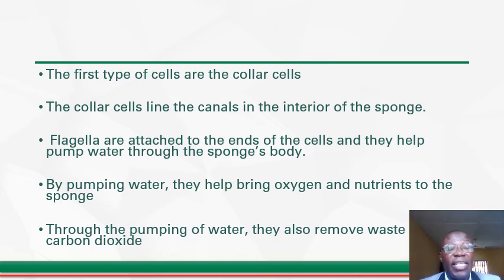The flagella beat about in the water, and that aids the sponge to pump water through their body. The pumping of water helps bring oxygen and nutrients to the sponges. When the water passes through the different canals, it carries oxygen along.